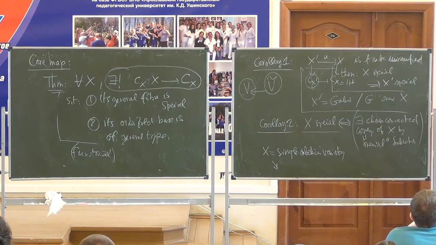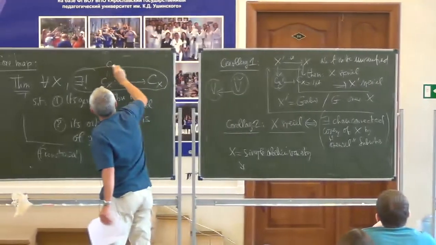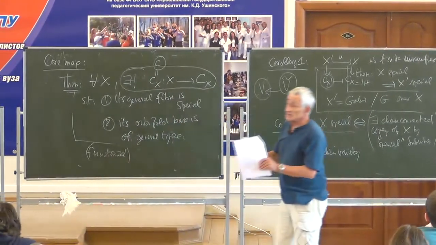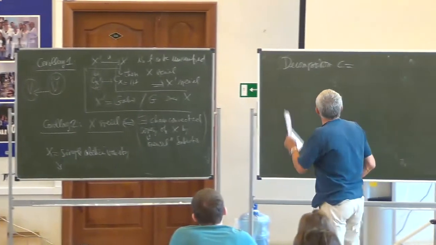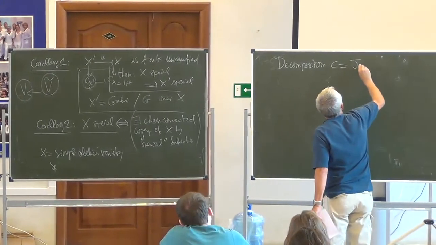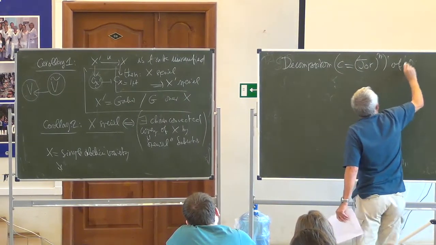This is the decomposition. Let me call this just C. This is just a symbol which represents the core map for any X here. And so the decomposition C is G of R to the power N of the core map.